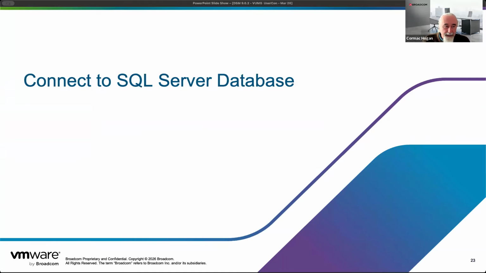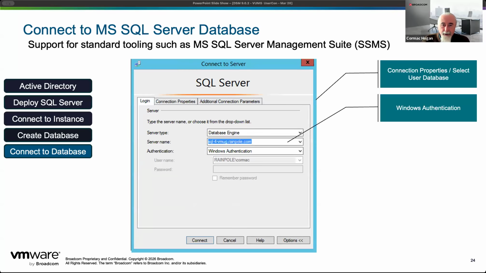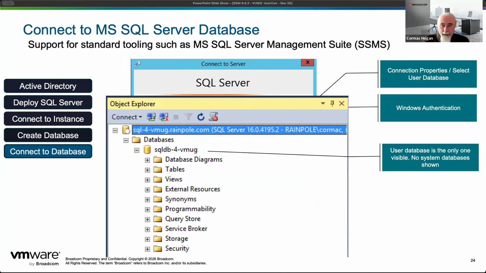And now if I connect to the database that I just created, I can no longer connect to the master. I can't connect to any of the system databases. With SSMS, I have to connect to the database that's been created. And here you go. You can see me logging in as that Windows auth user, this Active Directory user, Cormac, connecting to the instance, but this time in the connection properties, I can only get access to one of the databases.